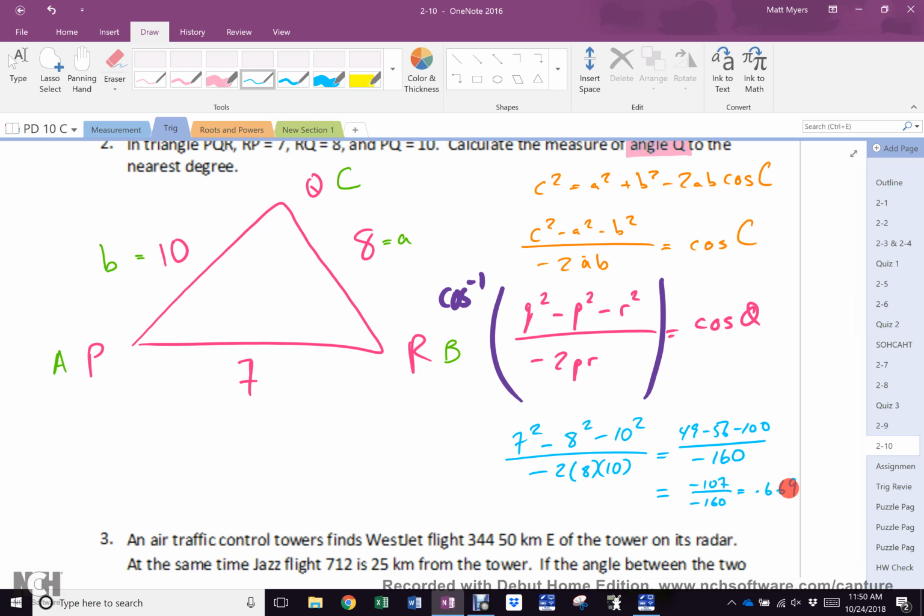Second cos. I get 48. So, I have a number wrong where? 49 minus, of course, that's 64. 49 minus 64 minus 100.